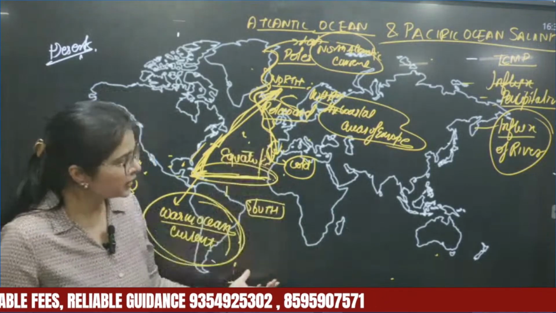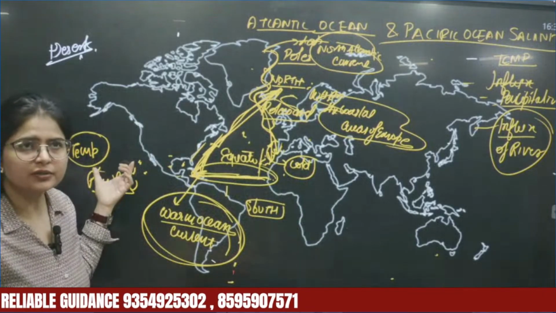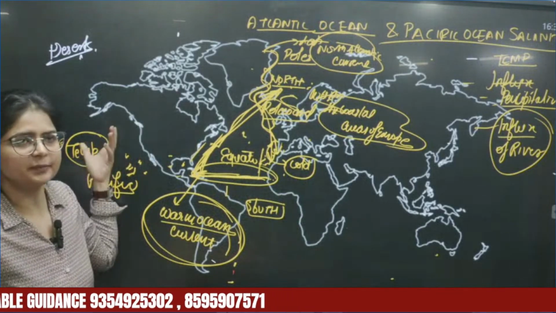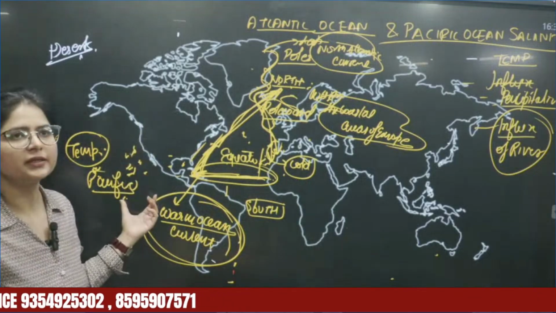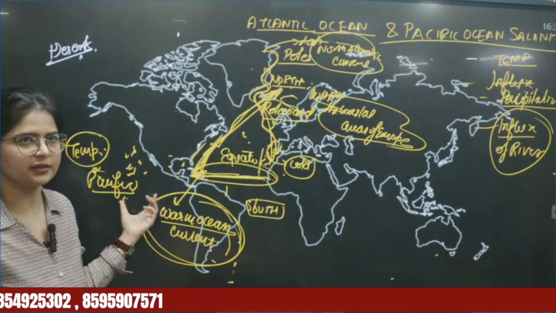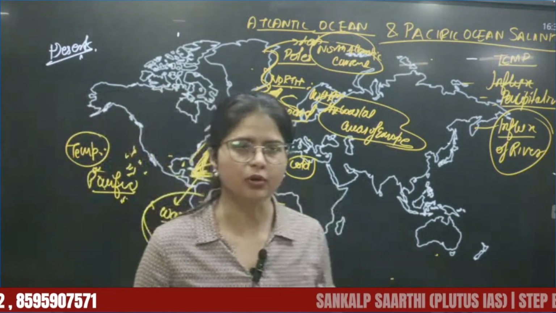So in all, when the precipitation and the influx of water are high, obviously it is definitely going to decrease the value of salinity. But in the Atlantic Ocean, I'm going to have more salinity.